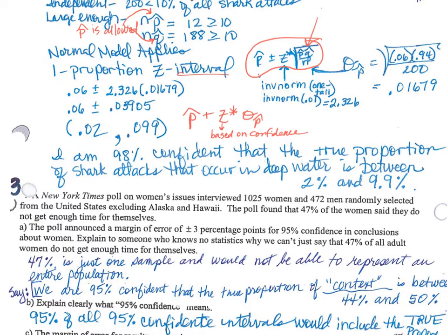Really? Okay. 0.039. Okay. All right. I used the z-score 2.326 instead of using two significant digits, which you might have done.